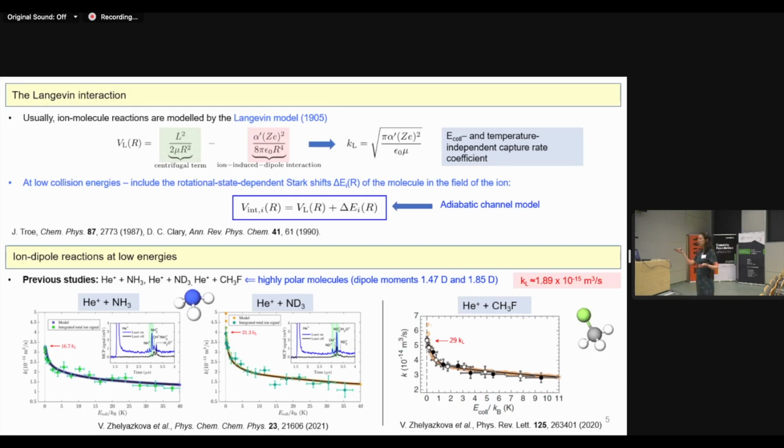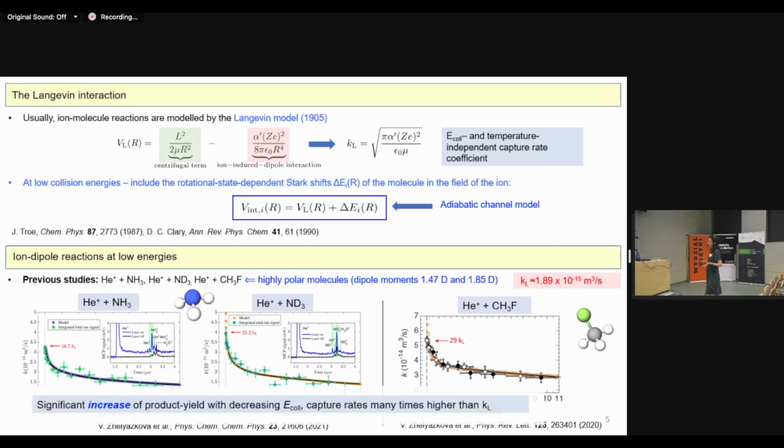In all of these polar molecules, we see a significant enhancement of the yield as we go close to 0 Kelvin. And the continuous curves are our calculations based on the adiabatic channel model, which suggests that near zero, we get rates which are almost 30 times higher than the Langevin one. Basically, we see an increase with decreasing collision energy.